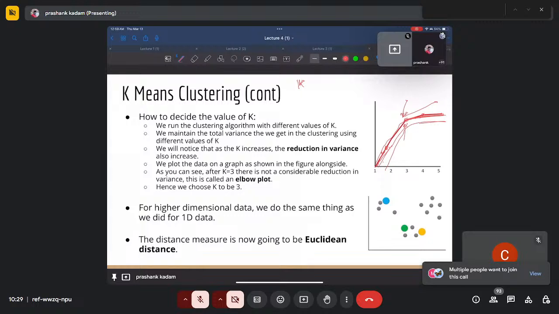Okay, so this was a technique that I showed to give you an intuition in one dimension, right? So how k-means would perform in one dimension. But of course the data that you are going to be using when you do your statistical analysis or ML modeling is going to have much higher dimensions than this.